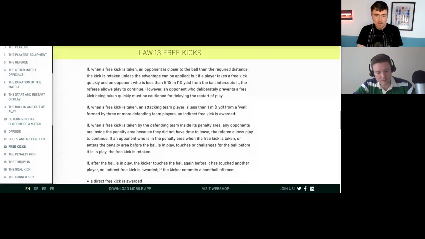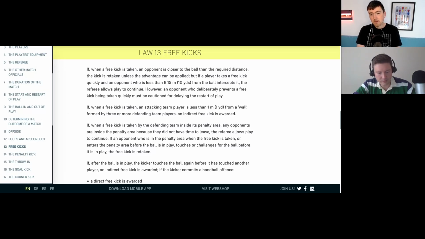Okay, and offences at a free kick. If, when a free kick is taken, an opponent is closer than the required distance, the free kick is retaken unless advantage can be applied. So if you have not retreated the appropriate 10 yards at a free kick, then it will be retaken unless there's an advantage to the attacking team.